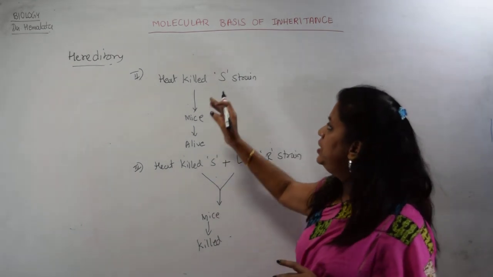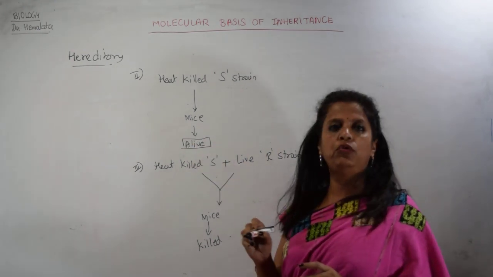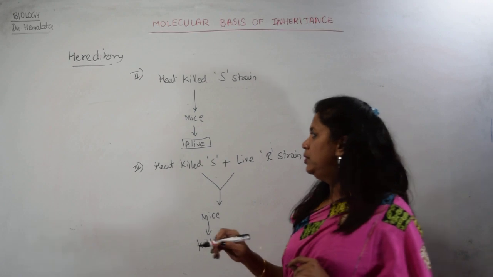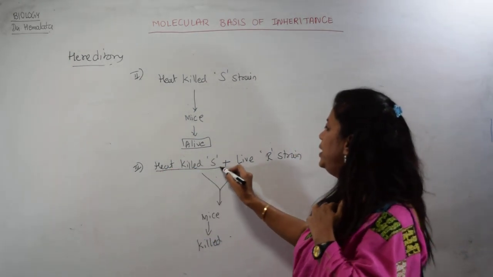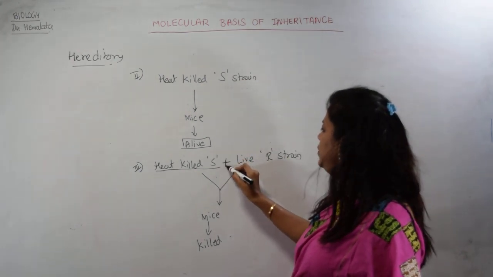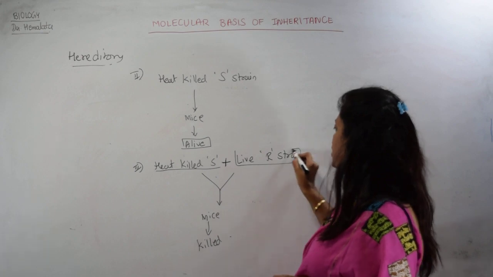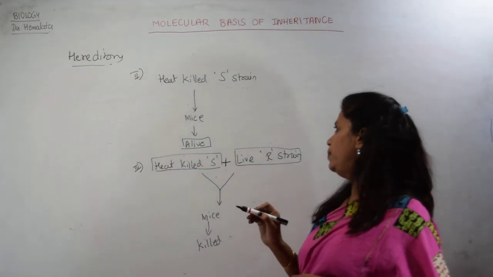But now, when it was heat killed and injected, nothing happened and the mice remained alive. But in the next, third experiment, he took the heat killed S strain, same thing, and combined it with the live R strain, a very important thing. He took the live R strain.